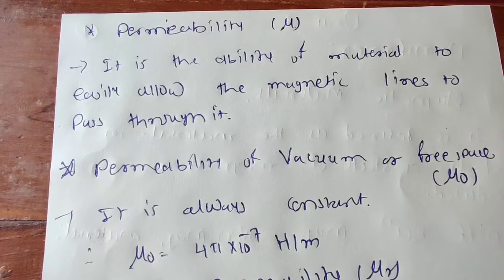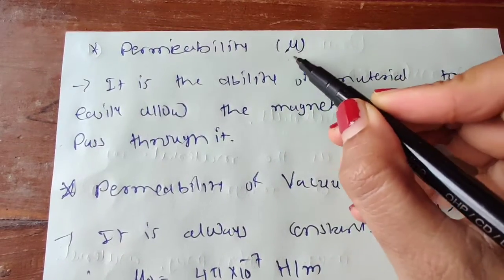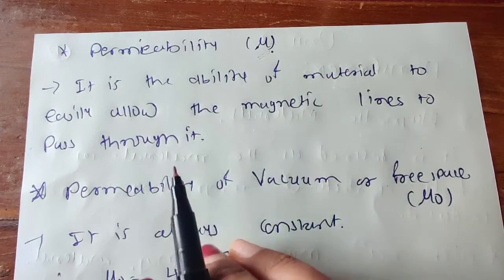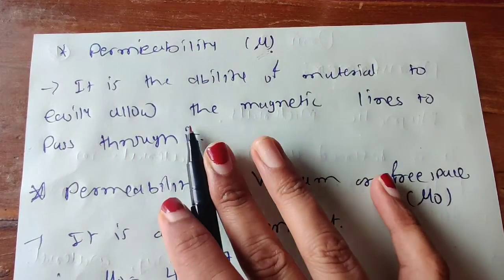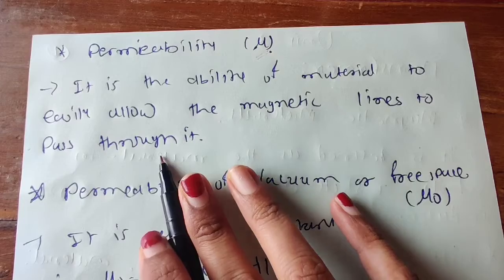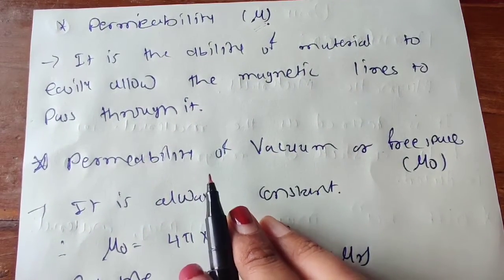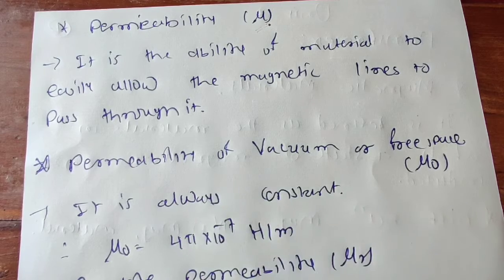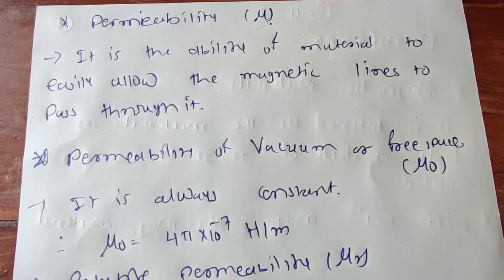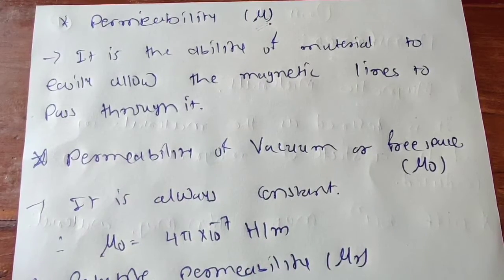If it is a magnetic material, it will allow magnetic lines to pass, while a non-magnetic material will not allow them to pass through it.